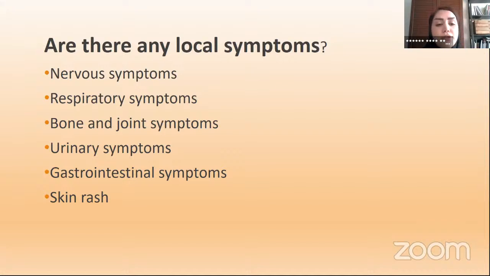The differential diagnoses, for example, are osteomyelitis and things like that. Urinary symptoms. The important differential diagnosis is UTI. Gastrointestinal symptoms. Then, the viral or bacterial differential diagnosis, and also skin rashes are very important and common in children.